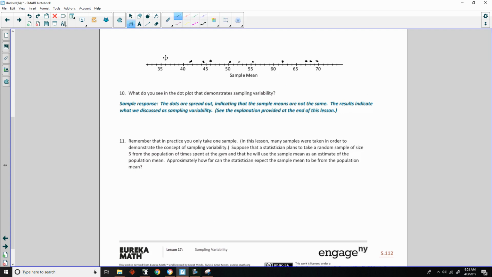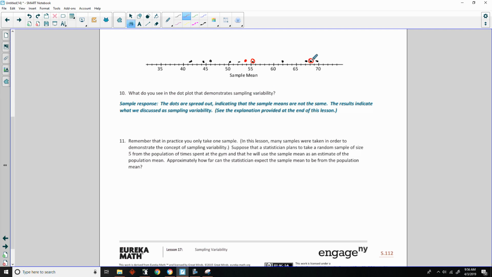Okay, so there's many answers to this question. As a student, you may think that the sample mean is exactly the same as the population mean, and therefore the distance, or how far the statistician's mean would be from the population mean, would be 0. Or if you were looking at this dot plot, you might think the population mean would be somewhere smack dab in the middle here, and if your sample was here, you might say, well, it's off by 2.